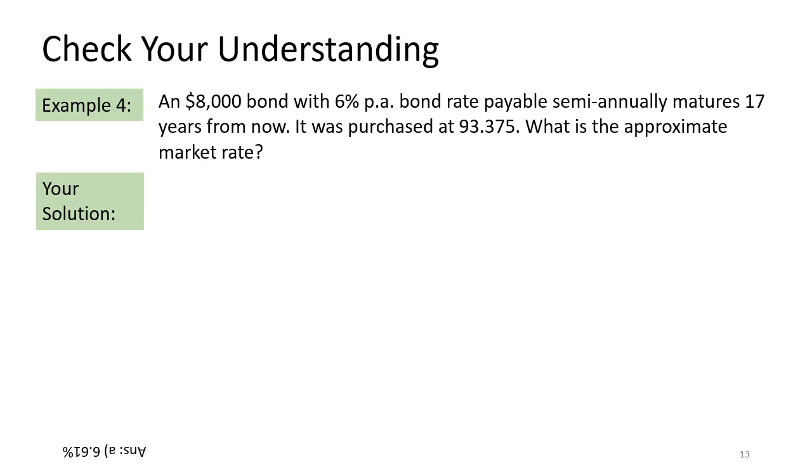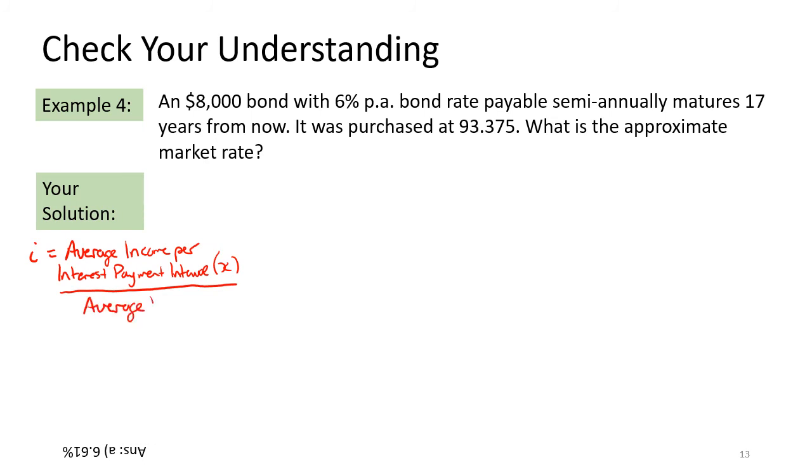Okay, I'm going to start by writing all of our formulas once again. I is equal to, remember, this is the average income per interest payment interval, which I'm calling X, just to save space, divided by the average book value.